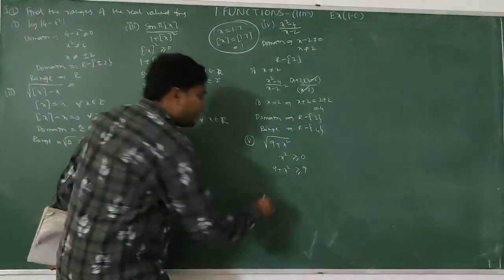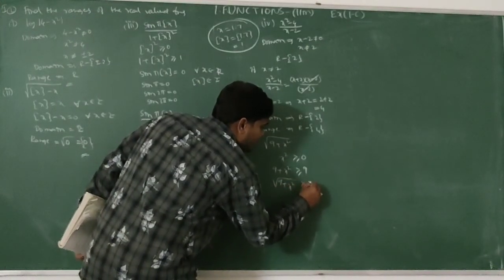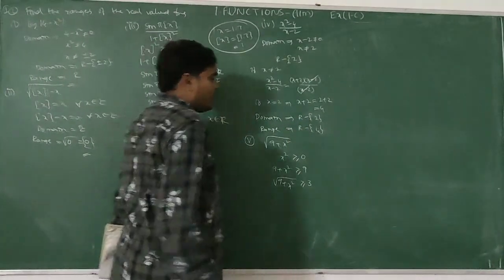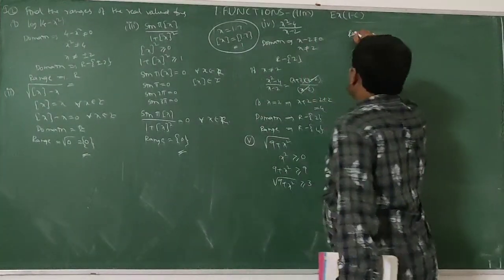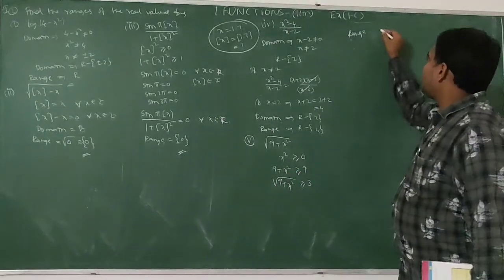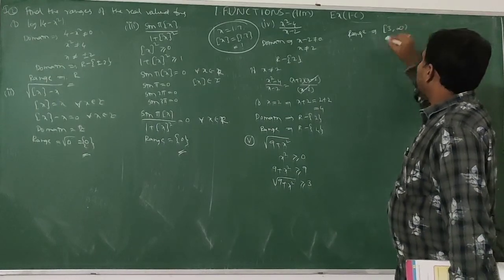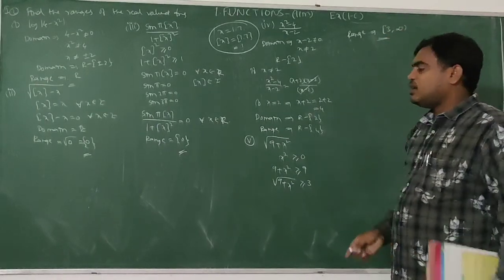So if we take the square root, the square root of 9 plus x square is greater than or equal to the square root of 9, that is equal to 3. So this function is always greater than or equal to 3. So we are taking 3 to infinity. This is the required range.